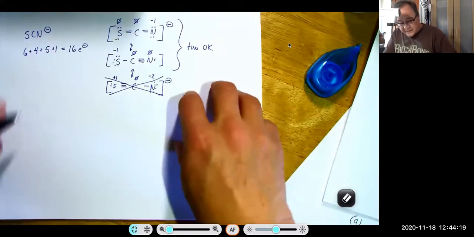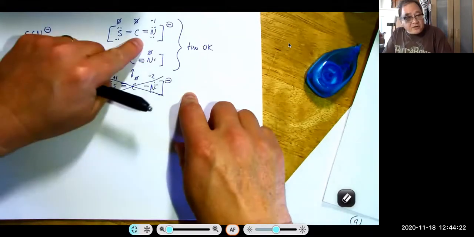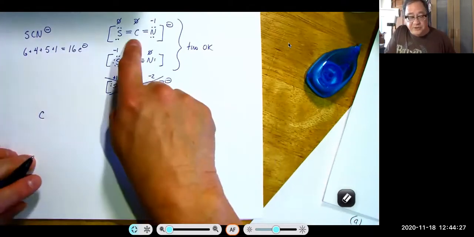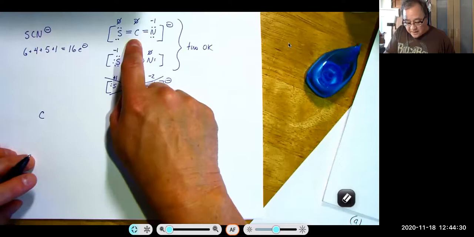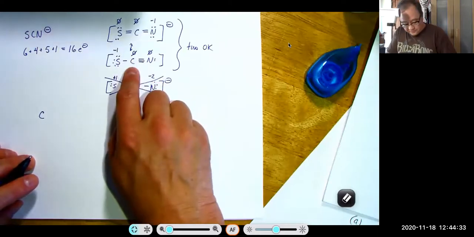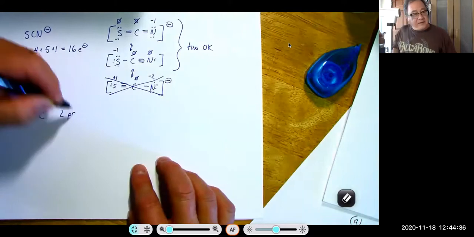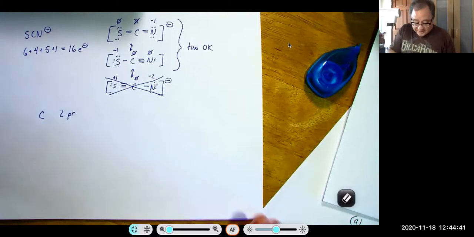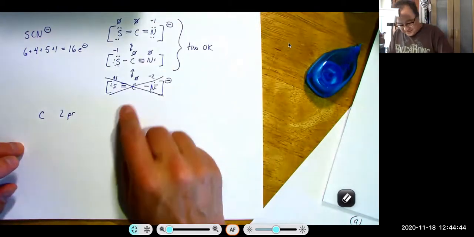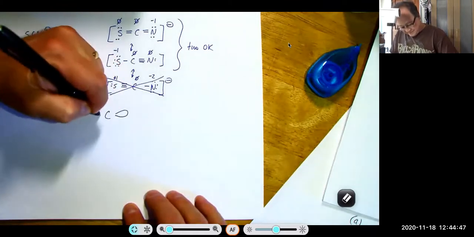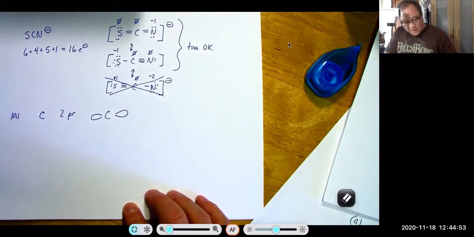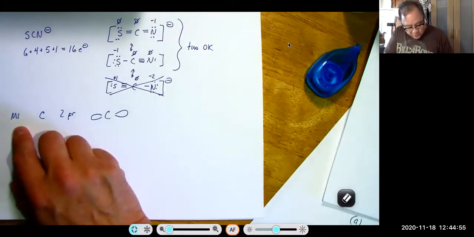Now, let's take a look at the electron pair geometry around carbon. So for carbon, how many pairs in this resonance structure? 2. How many in this resonance structure? 2. So Jackie, you asked before, do we need to do the electron pair geometry for all of these? And the answer is it's going to be the same for both. Now, this is the electron pair geometry.